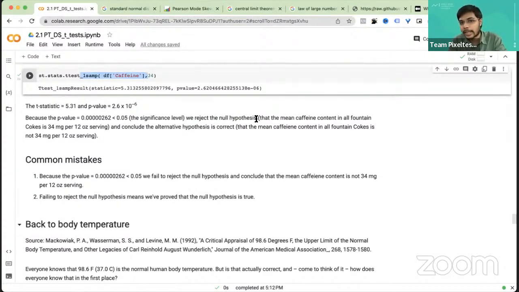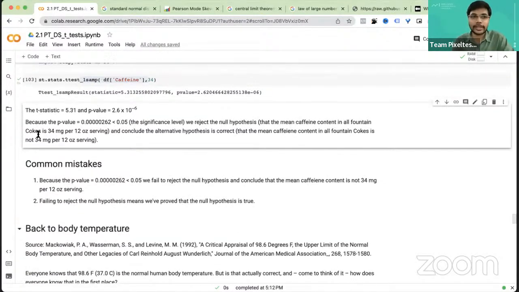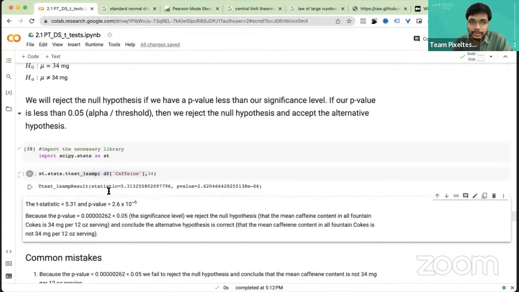Then we are going to reject the null hypothesis and conclude that our alternative hypothesis is correct, that the mean caffeine content in all fountain cokes is not 34 mg, right?